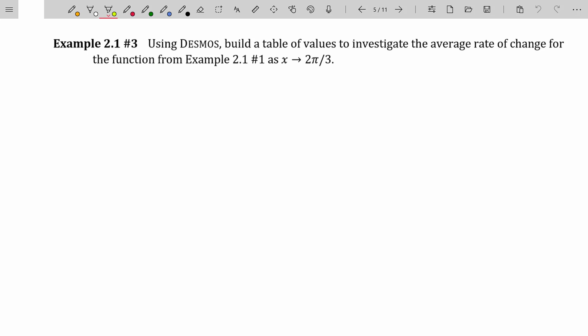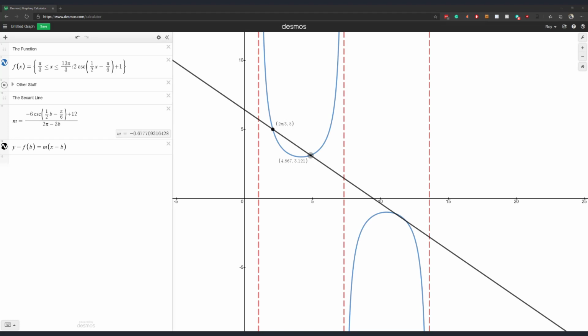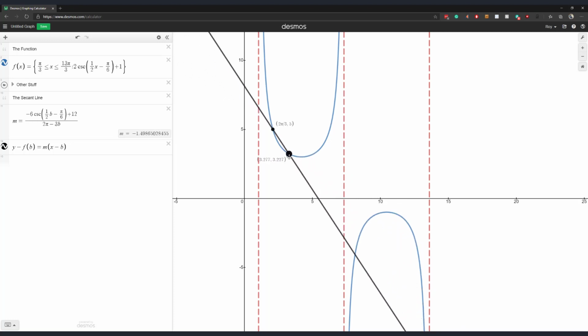So here we are back in Desmos, and the problem actually asks us to build a table, but I'm just going to showcase one way you can do this sort of without a table. Since we already have the slope function written here as a function of this point b comma f of b, I could drag that point closer and closer.